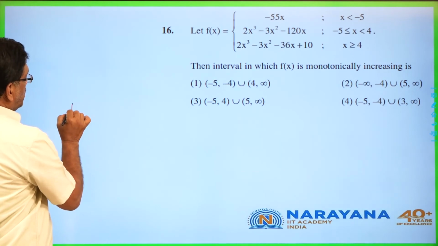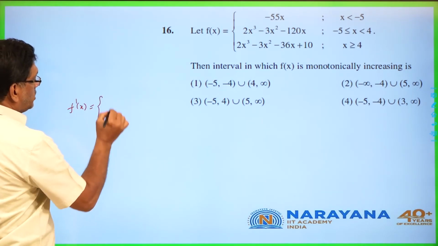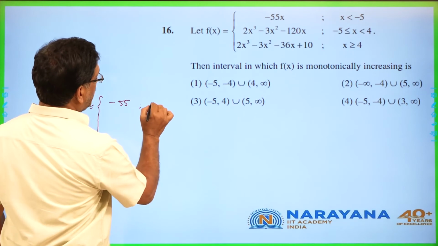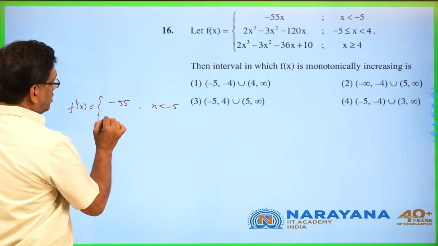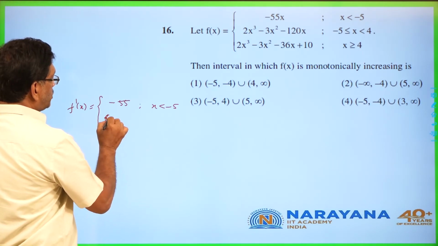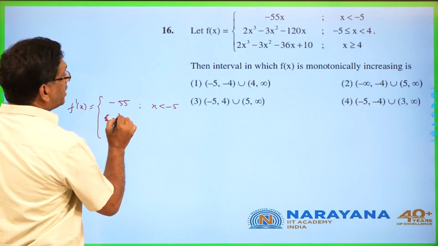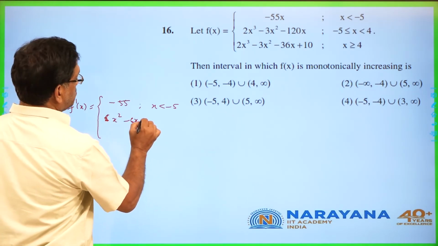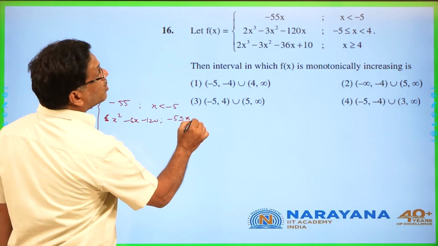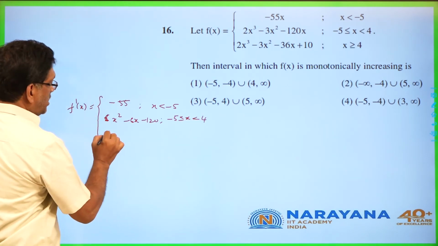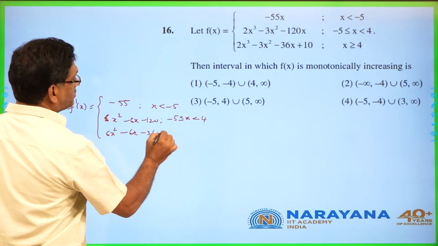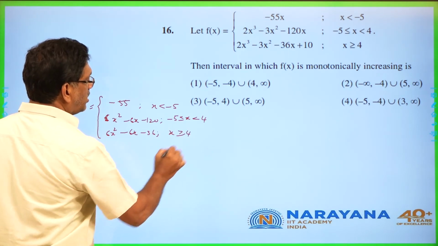So, your f dash x is, since it is a piecewise defined function, for x less than minus 5, the differentiation of 2x cube is nothing but 6x square minus 6x minus 120 for minus 5 less than or equal to x less than 4, and 6x square minus 6x minus 36 for x greater than or equal to 4.